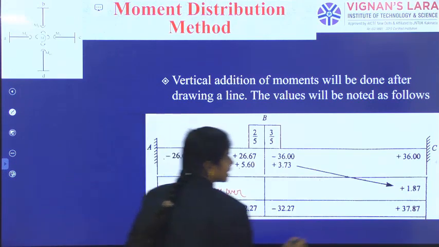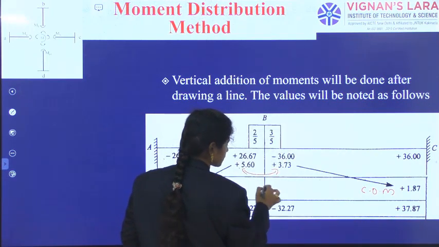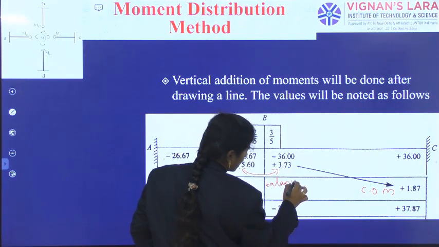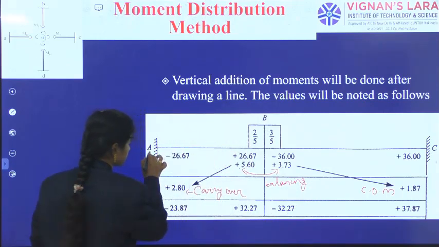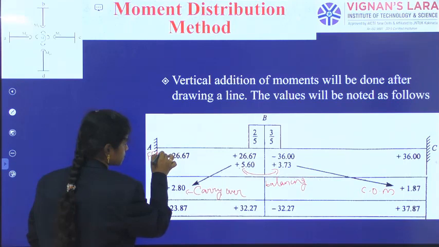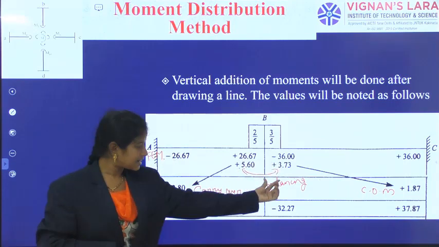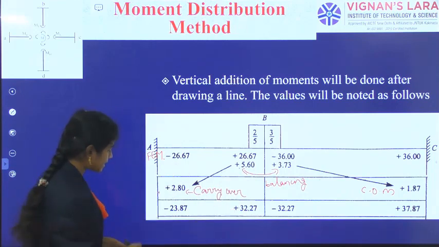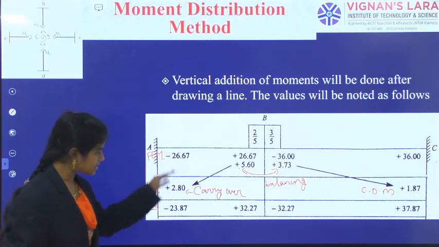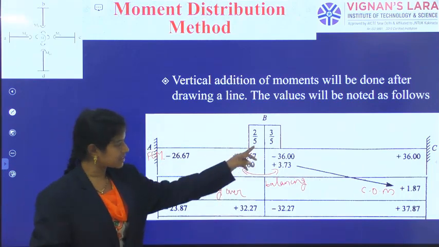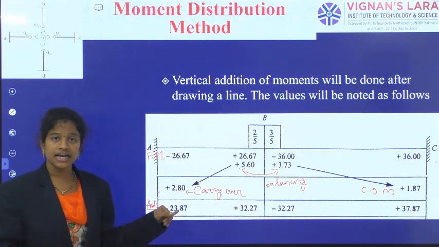This one is the carryover moment and this one is the balancing moment. And these are fixed end moments. So fixed end moments, then the balancing moment, and then the corresponding carryover moment, and they are additions. We have got the answers as additions in the vertical.